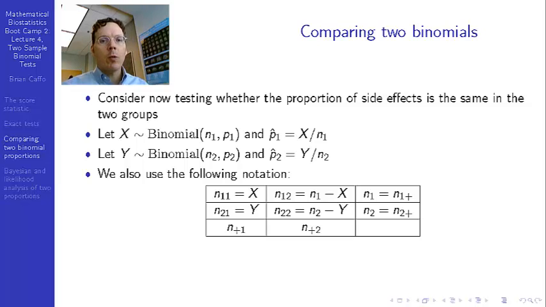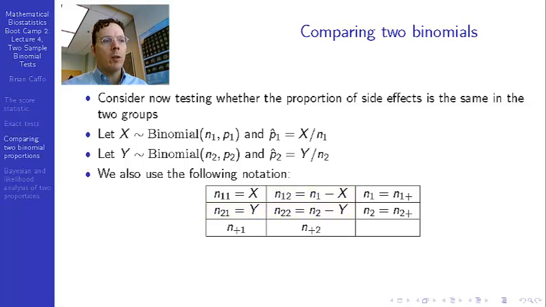So in general, for 2x2 tables, I'm going to use the following notation. I'm going to have x, n1 minus x, and n1 plus; y, n2 minus y, and n2 plus. And then if I need to, I'll refer to the 4 cells, indexing them by their matrix coordinates n11, n12, n21, n22.